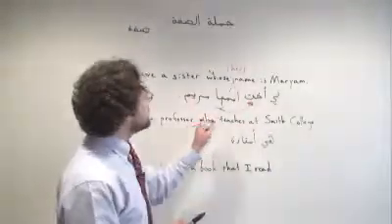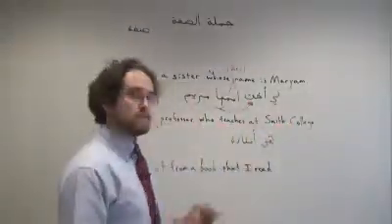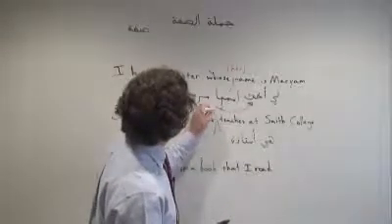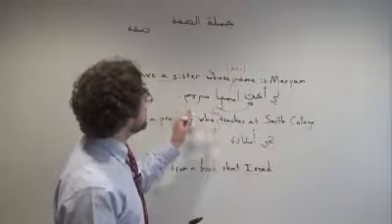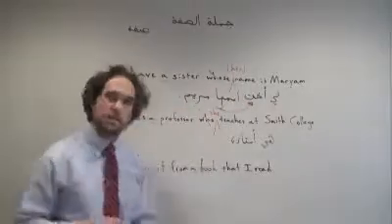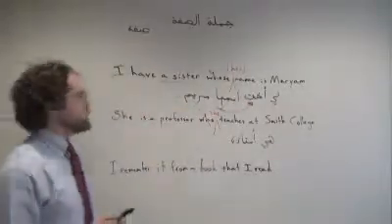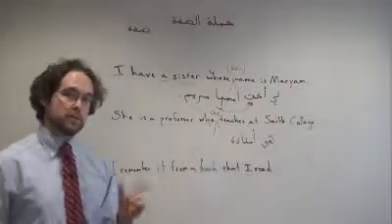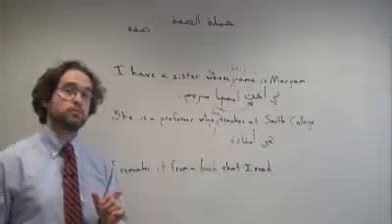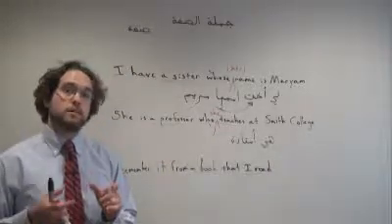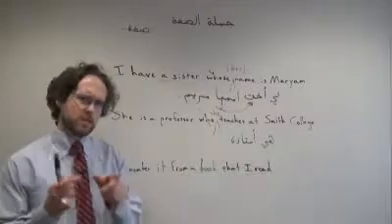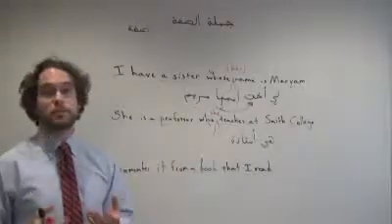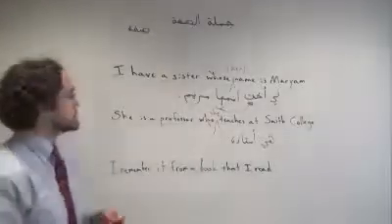Now, in order to create a second complete sentence, that jumlat as-siffa, we're going to need that pronoun: she teaches at Smith College, and we're going to lose our connecting word in the middle, right? Now, we know that in Arabic, we don't need to include a separate subject pronoun in front of a verb necessarily. The prefix-suffix combination on a present tense verb often will give us the information we need about the subject of the sentence.